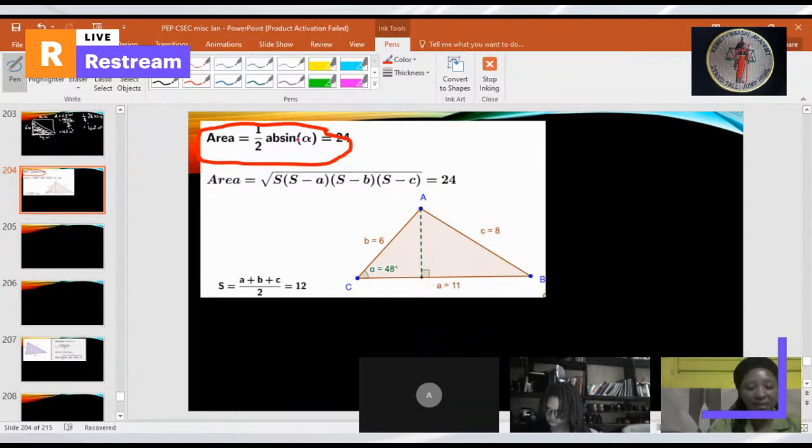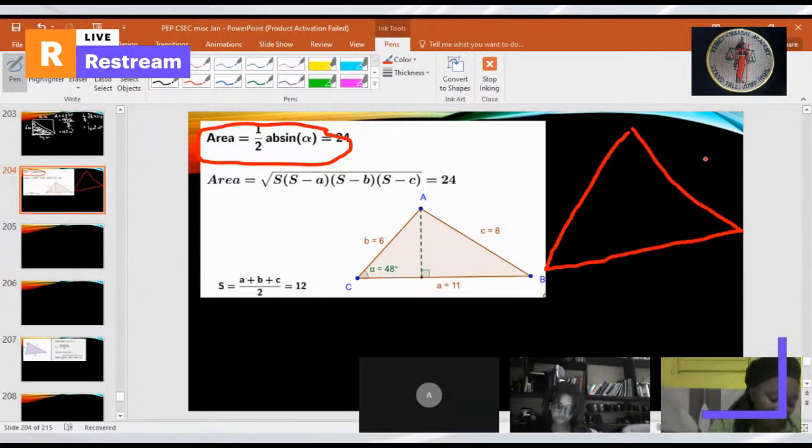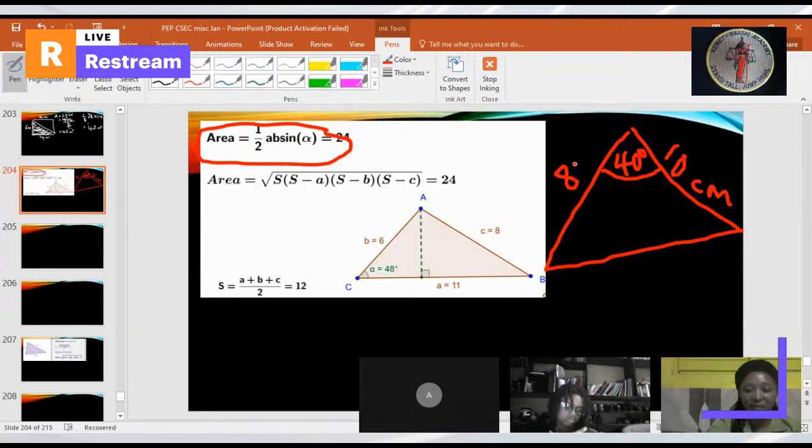So what this means is if you have a triangle and you don't know the height, there's just no way of knowing the height, right? But you know an angle, so let's say 40 degrees. And let's say you know this is 10 centimeters and this is 8 centimeters.